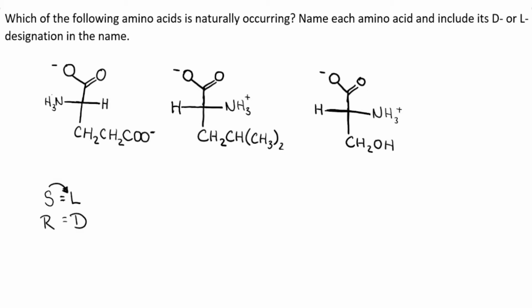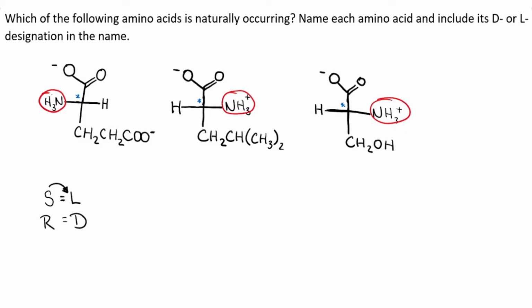To figure out which amino acid is in its L shape, you want to look at the nitrogen group. Here's the nitrogen group, and it is bound to the alpha carbon, or the chiral center carbon, of the amino acid.